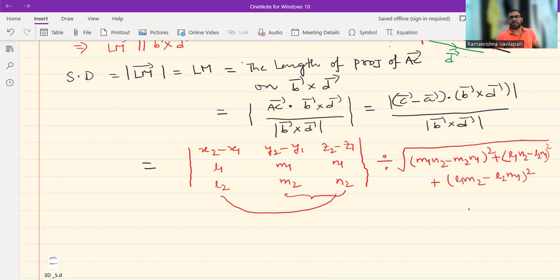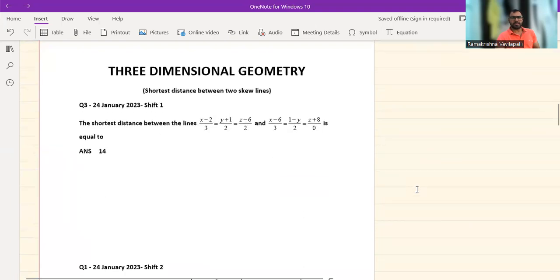Now I am going to solve 2023 JEE Main questions. There are almost 7 to 8 questions asked in JEE Main 2023 based on shortest distance between two skew lines. See here the first one. The shortest distance between these two skew lines.